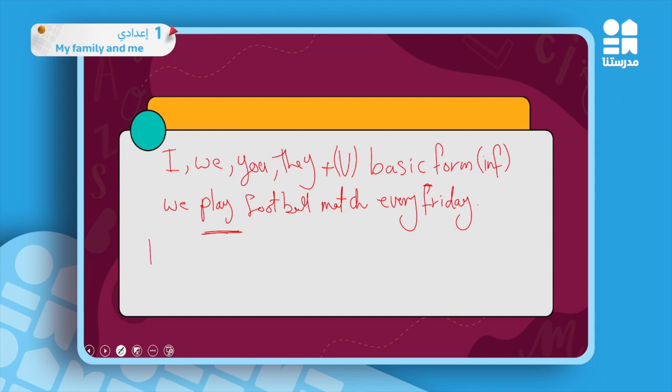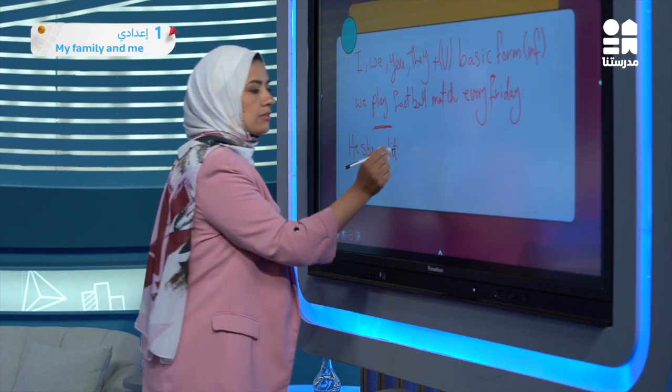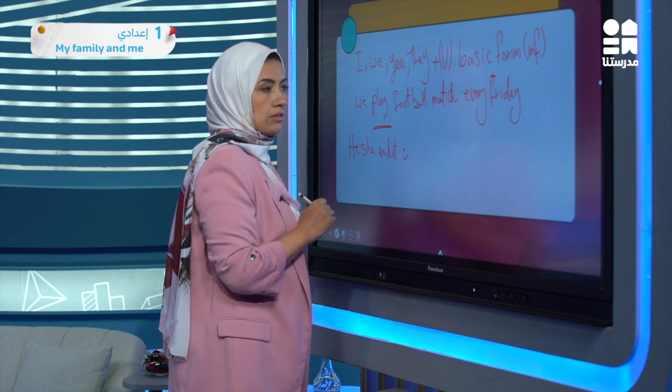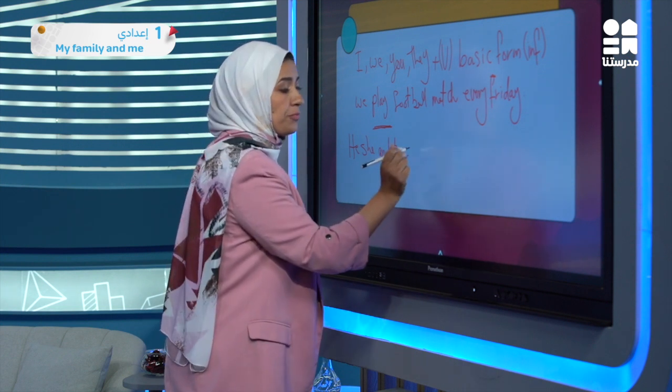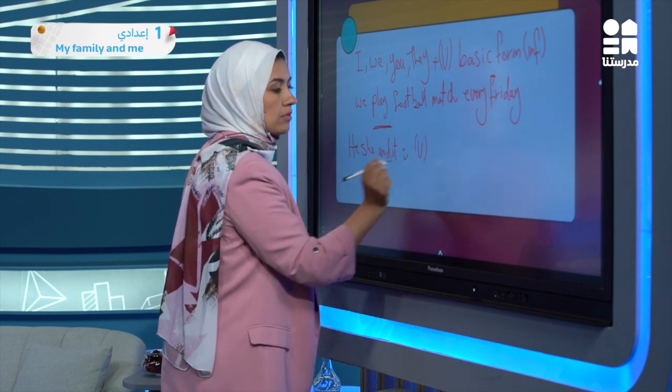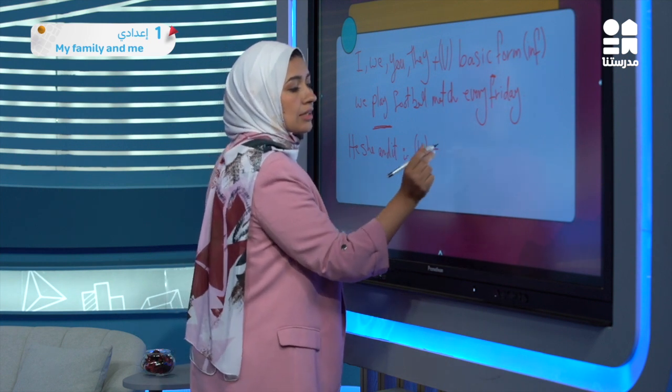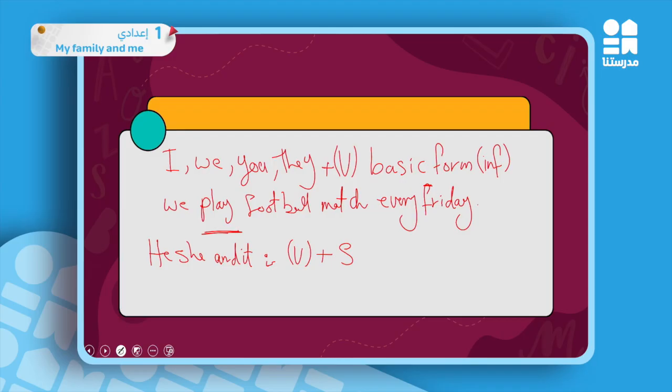What should I do with the third person singular pronouns, with he, she, and it? I'll use the verb plus s, es or ies.